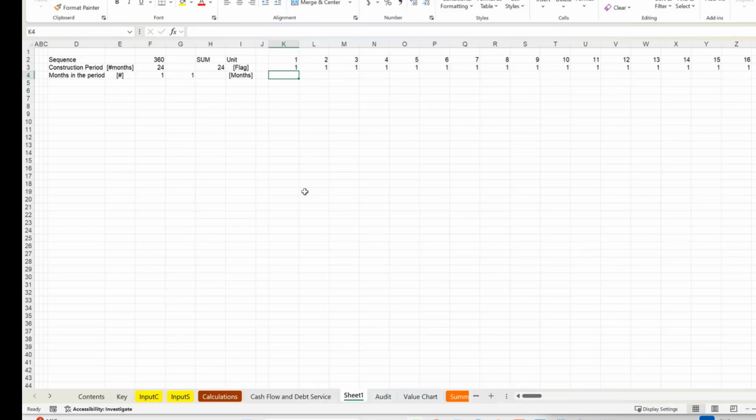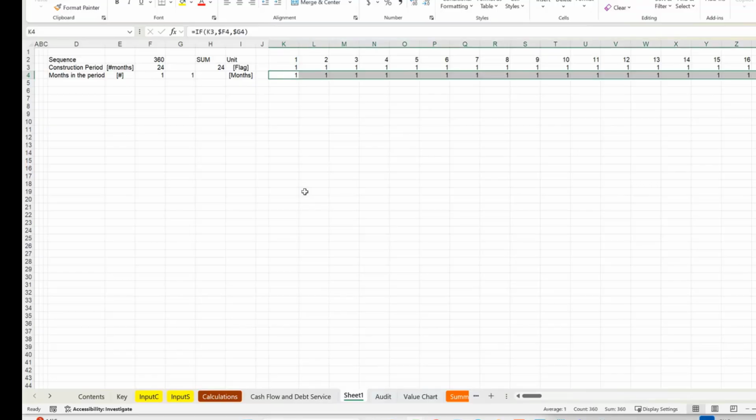So just put it equal if it's the one above, then make it the one over in column F. Otherwise, if it's not the one, which means it's the operating period, then make it the second one. That's the way I normally do things, not always, of course.